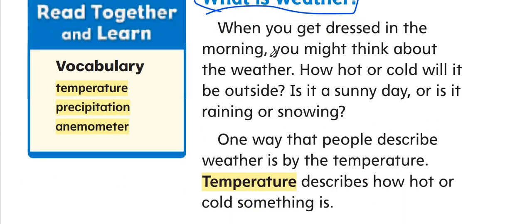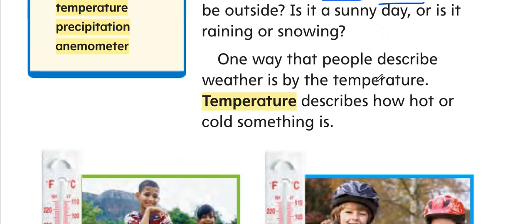So when you get dressed in the morning, you might think about the weather and how cold or hot it will be outside. Is it a sunny day, is it raining, or is it snowing? One way that people describe the weather is by temperature. Temperature describes how hot or cold something is.